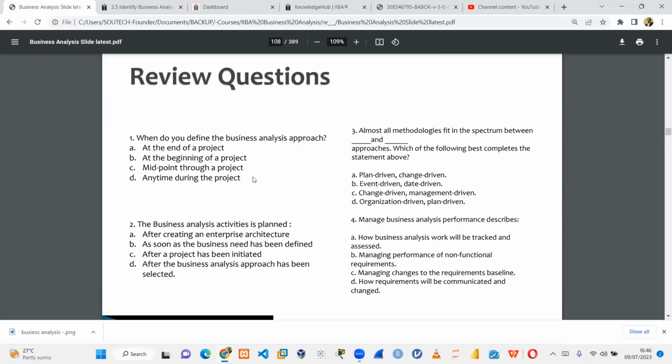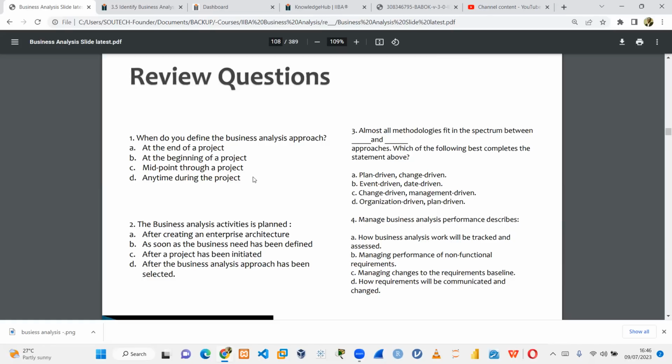Any other counter answer? No. Why did you say B? Why is the answer B? And why is the answer not A? Why is the answer not D?